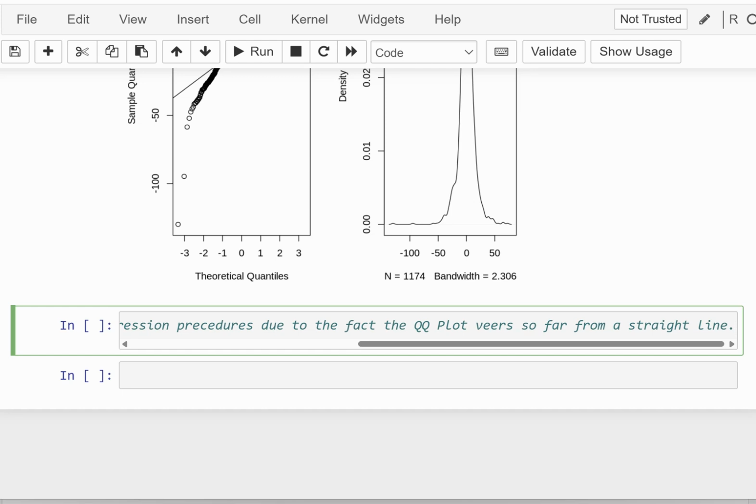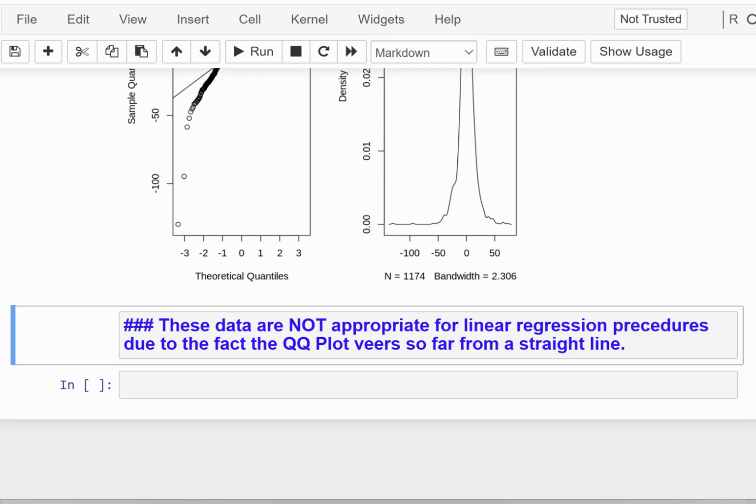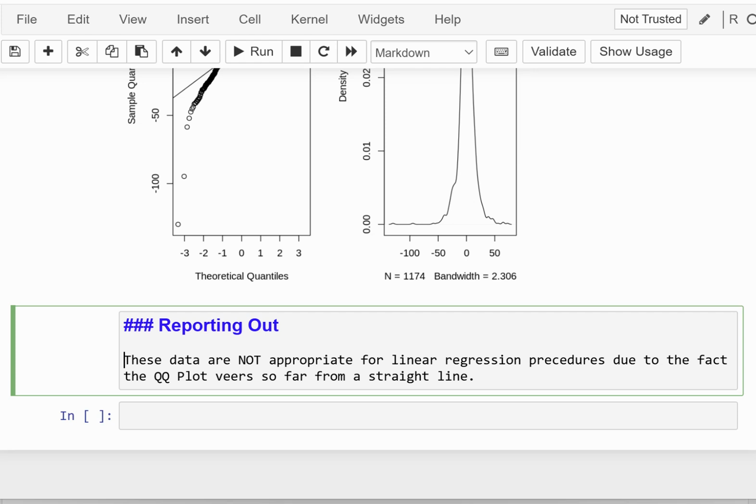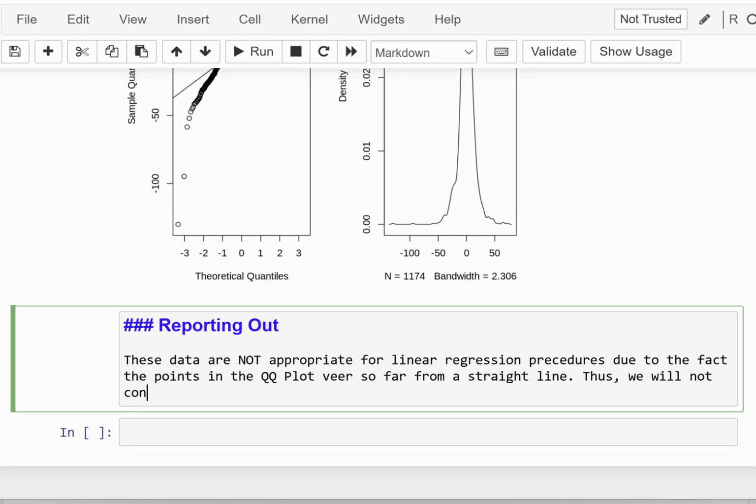My point here is that it can veer a little bit, we don't mind it. This is kind of reporting out at the moment. These data are not appropriate for linear regression due to the fact that the points in the QQ plot veer so far from a straight line. Thus, we will not conduct a linear regression.